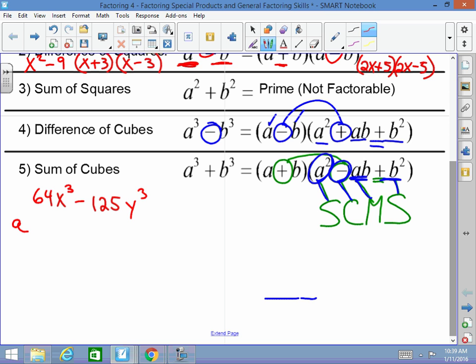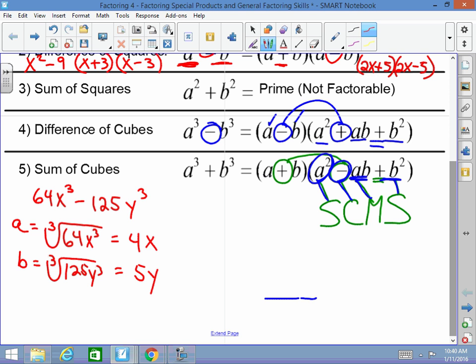My a term is the cube root of the first term. So what's the cube root of 64x cubed? Good job. 4x. Awesome. My b was the cube root of 125y cubed.